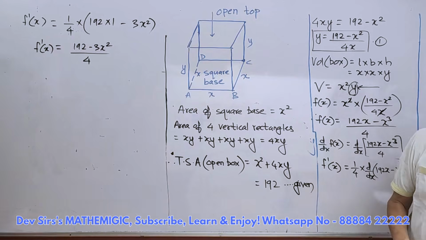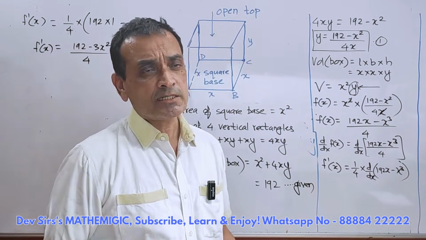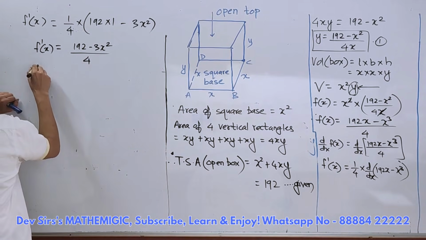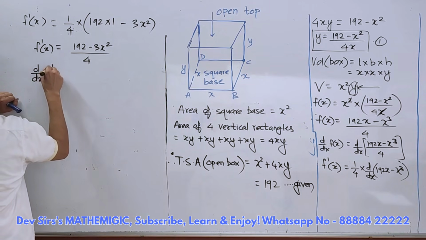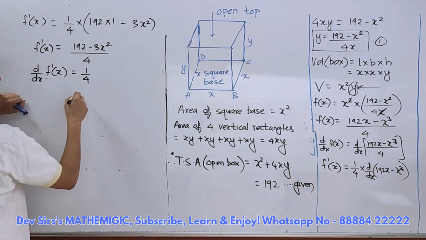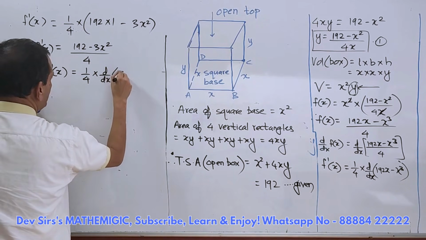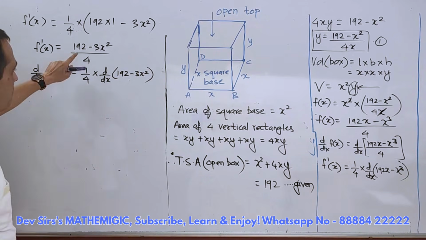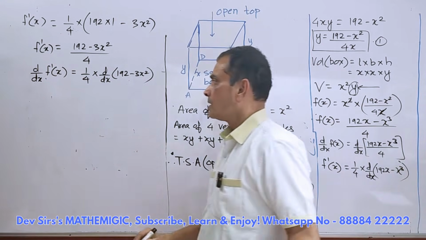Okay. Now, as soon as I get f dash x, I should write f double dash x. Differentiate again. One by 4 constant बाजू को रखो. d by dx of 192 minus 3x squared. So I am taking the derivative of derivative. Second order derivative is required for maxima minima.